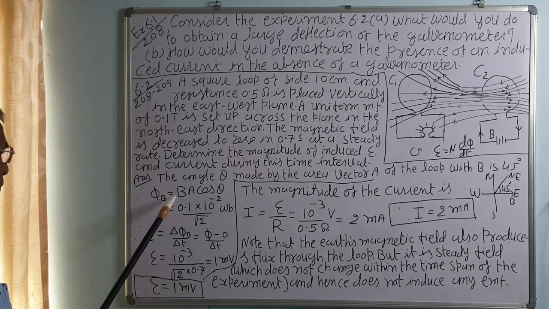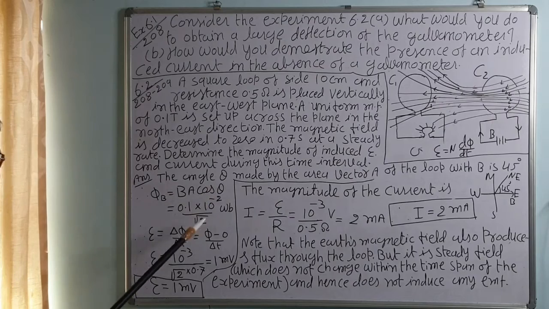The flux phi B is equal to, we know, B A cos theta, that is 0.1 into 10 raised to minus 2 into cos 45, which is 1 upon under root 2. Therefore, induced EMF E is d phi B by dt, that is final flux minus initial flux upon time, where the final flux is 0 and the time is 0.7 second.